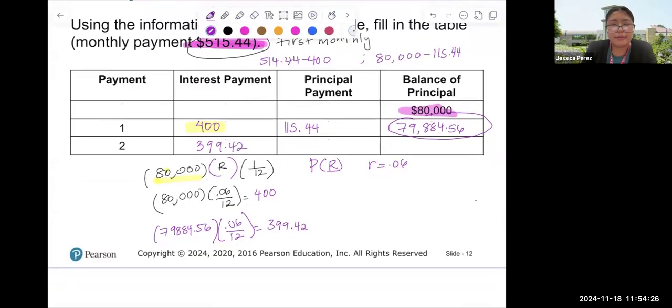So we have 80,000 minus 115.44. That's going to give me 79,884.56. That's going to be this value.